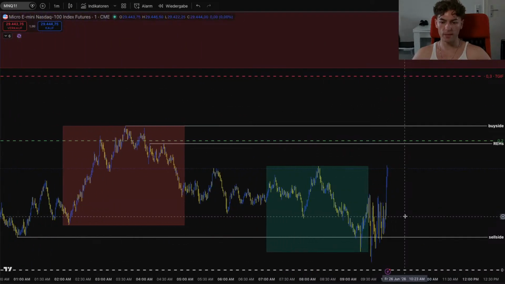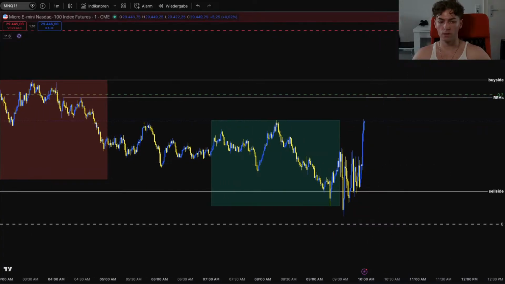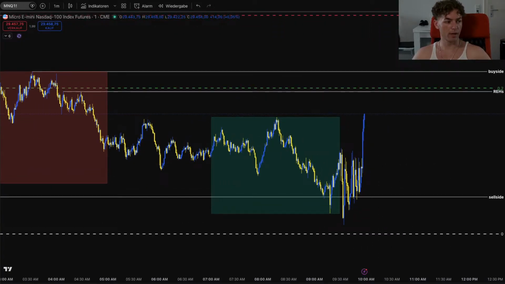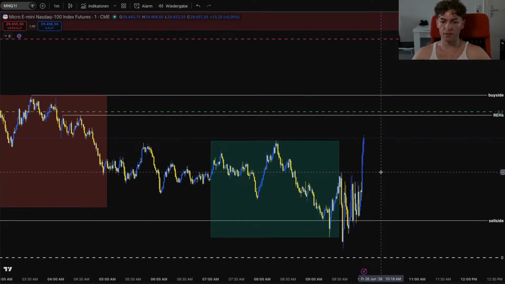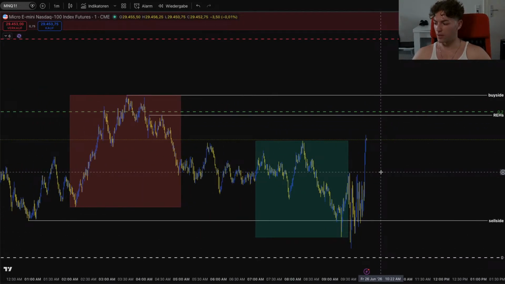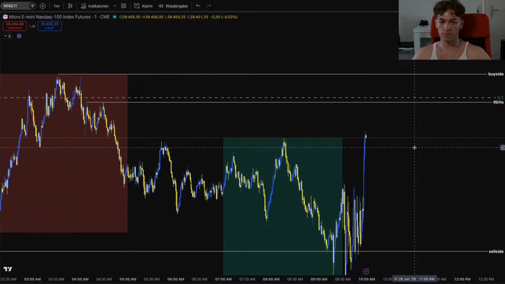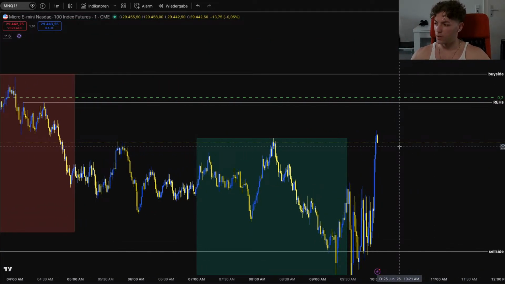So far it seems like we have a game plan. So far it seems like we can maybe frame a short setup in, I don't know, maybe half an hour, like 30 minutes or so. Let's see. But it seems like maybe we get a beautiful trade. Let's see.